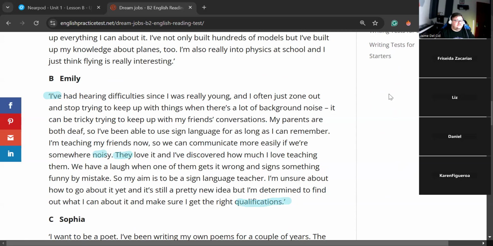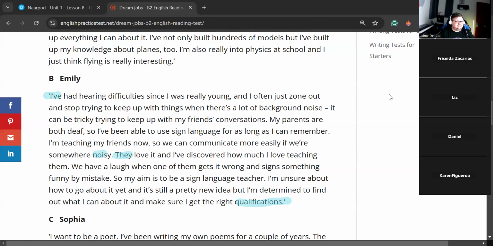I've had hearing difficulties since I was really young, and I often just zone out and stop trying to keep up with things when there's a lot of background noise. It can be trying to keep up with my friends' conversations.